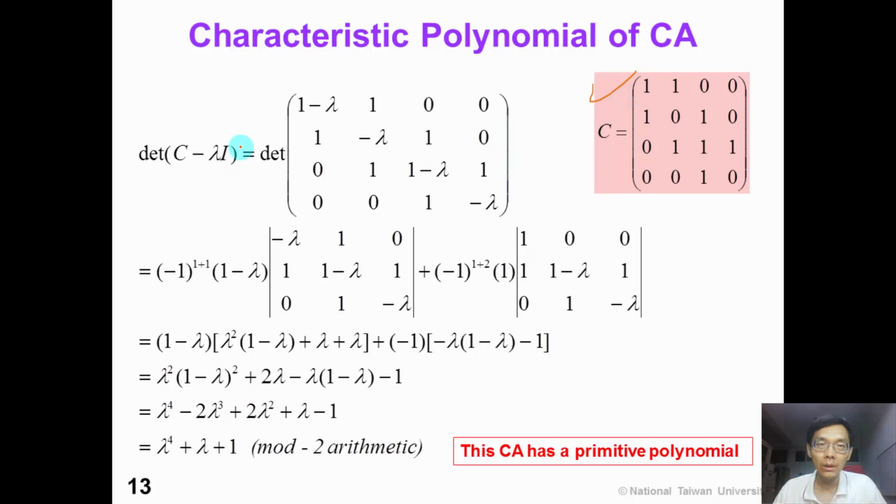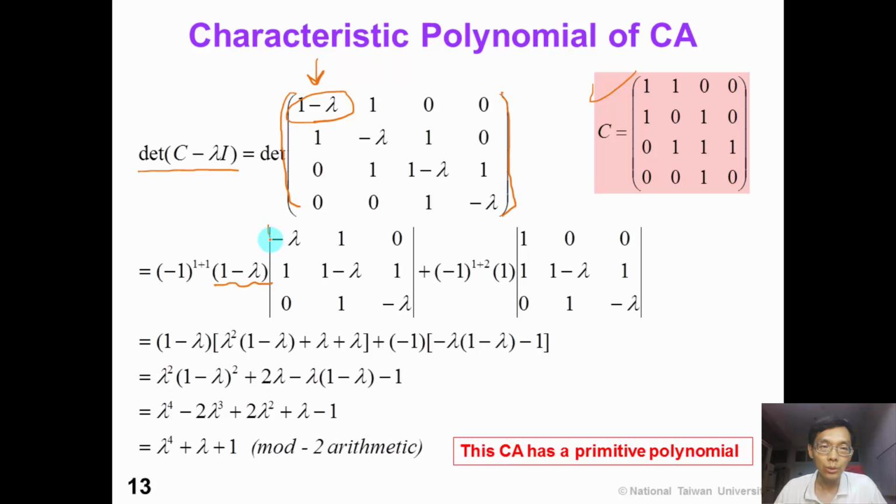matrix C, if we want to calculate the polynomial, then we need to calculate the determinant of C minus lambda I, which is the determinant of this matrix. We can now do the expansion on the first column. So the first term will be 1 minus lambda.